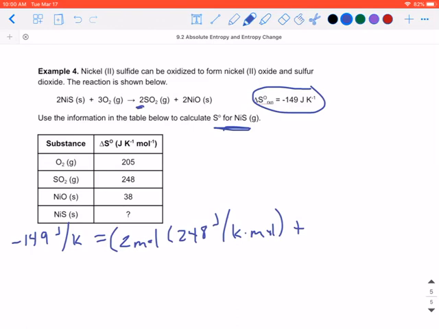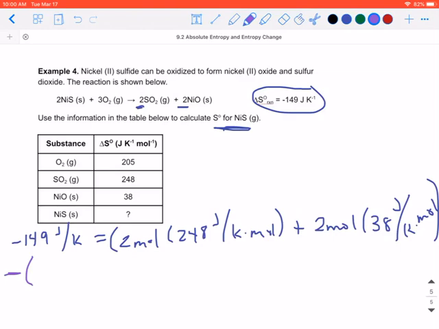All right, so plus 2 moles of the nickel 2 oxide. So 2 moles times 38 joules per Kelvin times moles. Okay, and I'm going to subtract that now from my reactants.